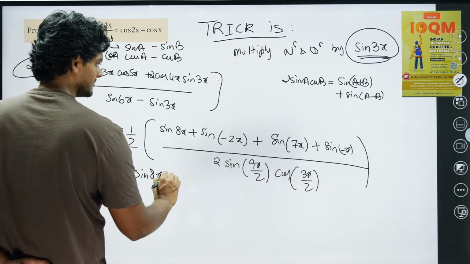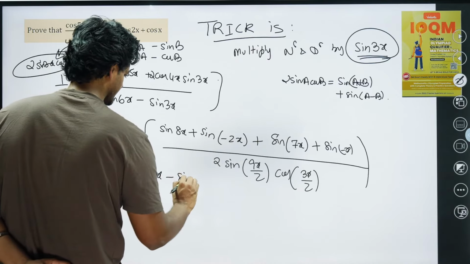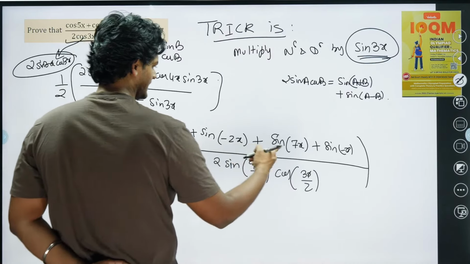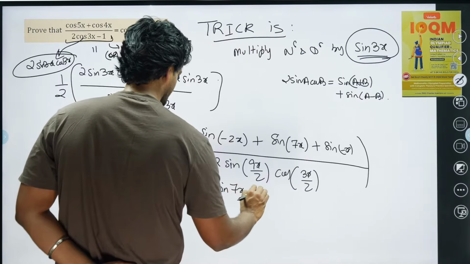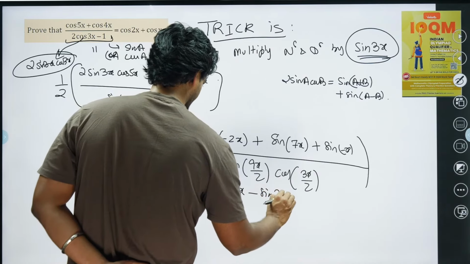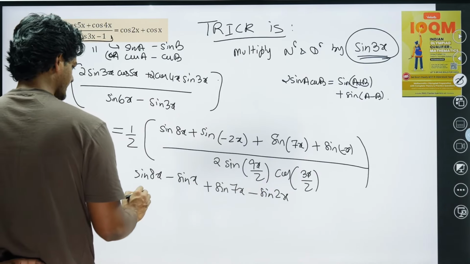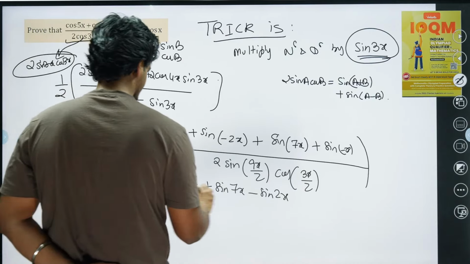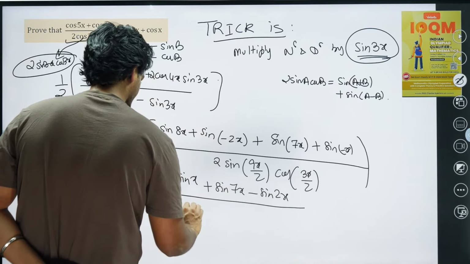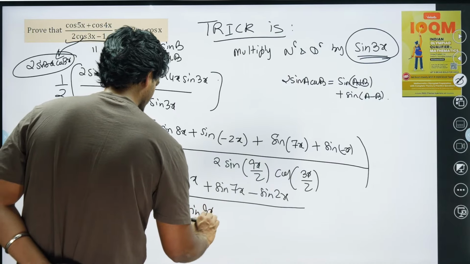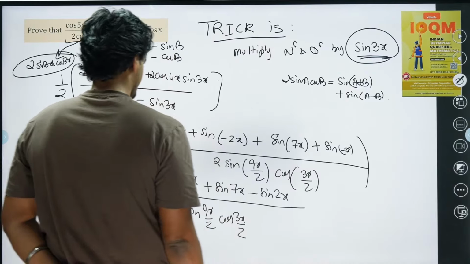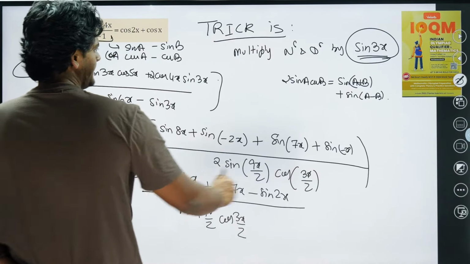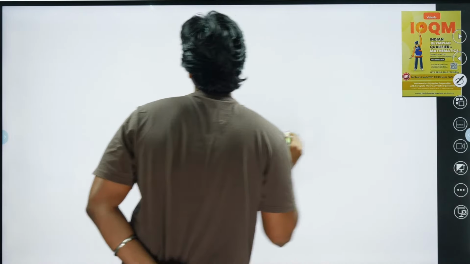Sin 8x minus sin x and sin 7x minus sin 2x, right? 4 sin 9x by 2 cos 3x by 2. So this will be sin A minus sin B.